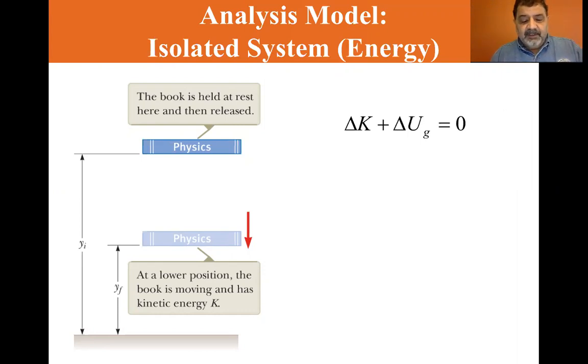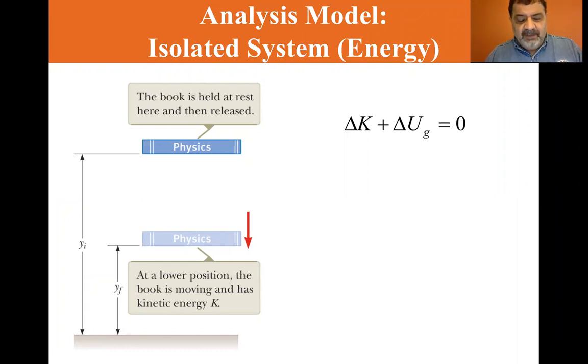So the sum of the changes of energy stored in the system has to equal zero on the left side of the equation. There are no transfers of energy of any kind across the boundary of the system, so the right side equals zero. The book Earth system is isolated from the environment.